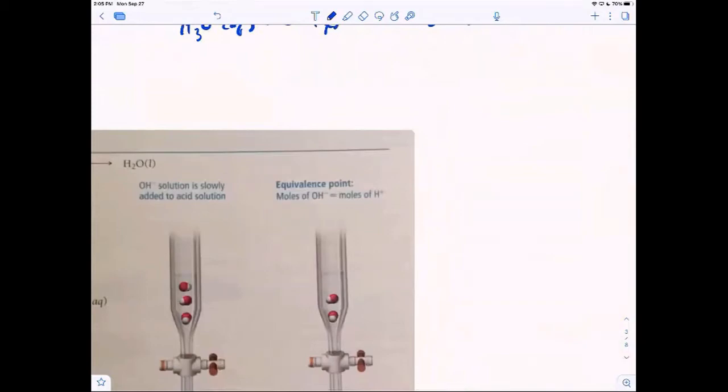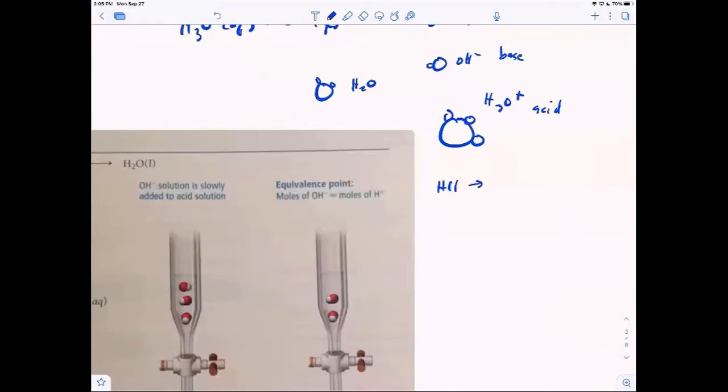So let's talk Mickey Mouses, right? So here is H3O plus. If you have water, here's water, there's H3O plus, here's hydroxide. So this is going to be your base, this is your acid. So if you have HCl, well, HCl plus water is going to make H3O plus Cl minus.